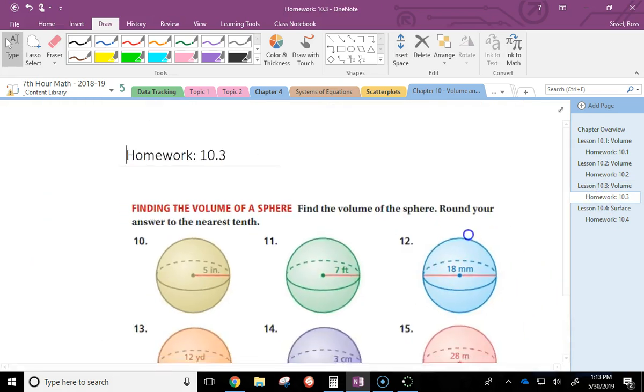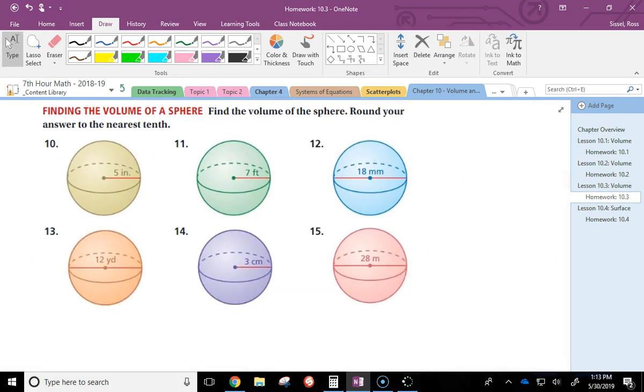So, for today, your homework, you have 6 questions to do. You must do your work on paper. There's very minimal work that you have to show. Mainly, I need you to show me what is the equation and what did you substitute in, and then what's your answer. The calculator can do all the computation.